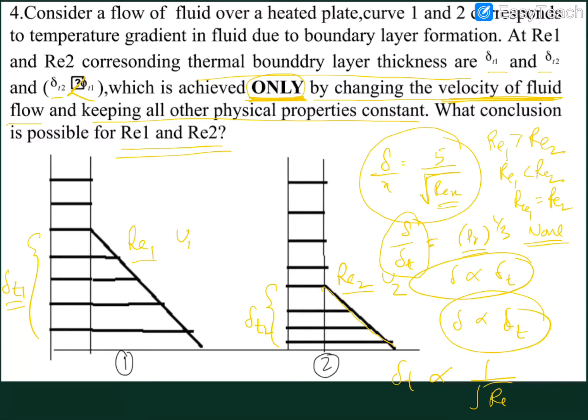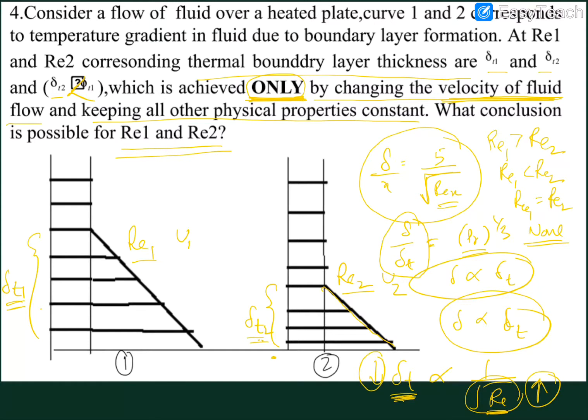In this case, from delta T1 to delta T2 the thickness has decreased, and there is an inverse relationship between thermal boundary layer thickness and Reynolds number. So what is the conclusion with respect to velocity or Reynolds number? Thickness is decreasing, so Reynolds number must have increased, then only thickness will decrease.